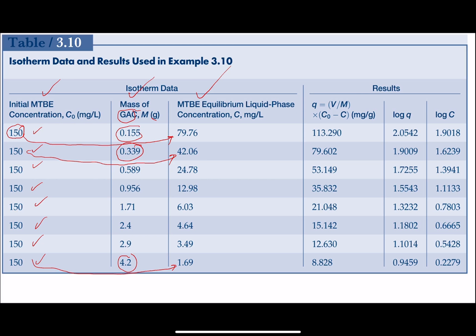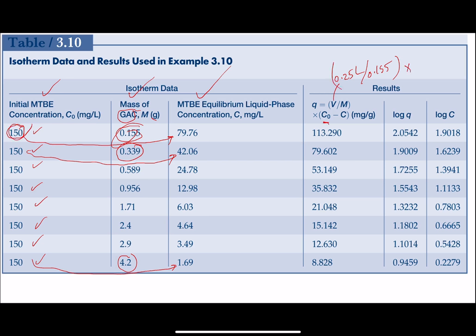Now, the small q is found by dividing by the volume, remember the volume, 0.25, over the mass, which is 0.155, times C naught minus C equilibrium.